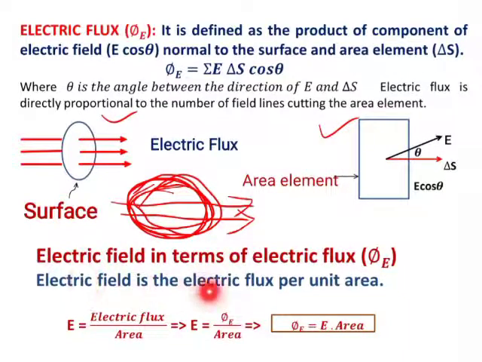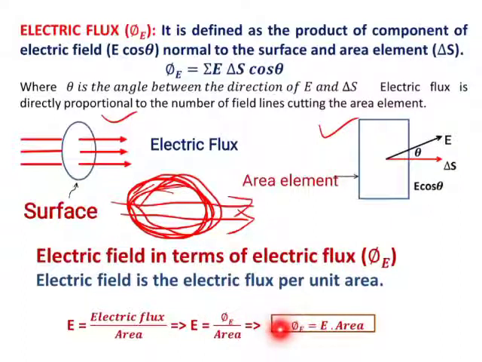Electric field in terms of electric flux, phi E. Electric field is the electric flux per unit area. So how do we express electric flux in terms of electric field? Electric field E is equal to electric flux divided by area, which implies E is equal to phi E divided by area.